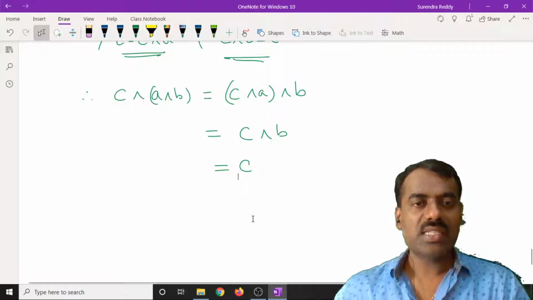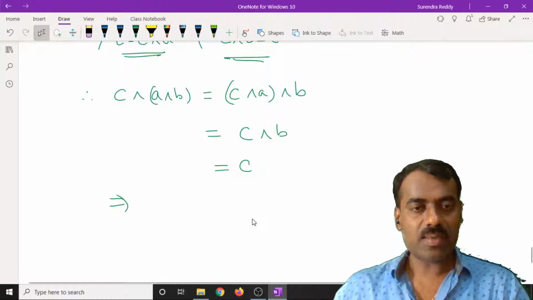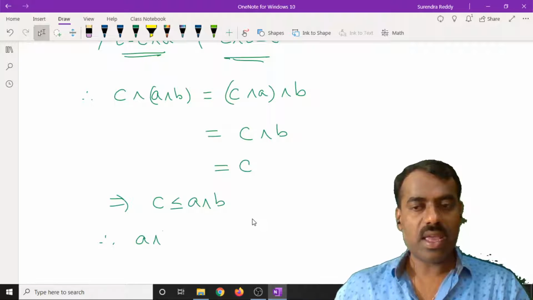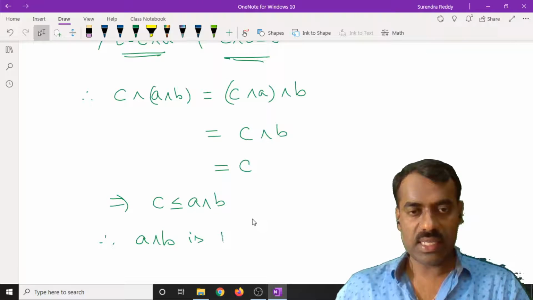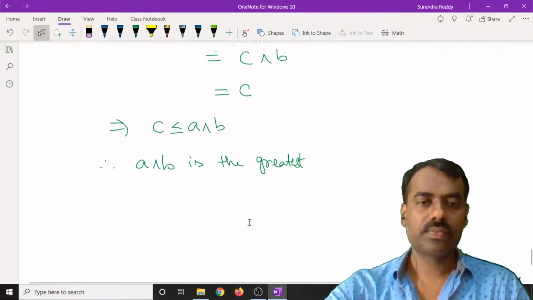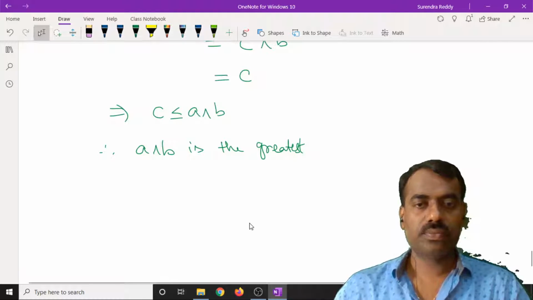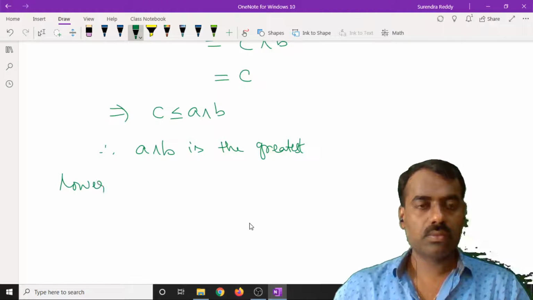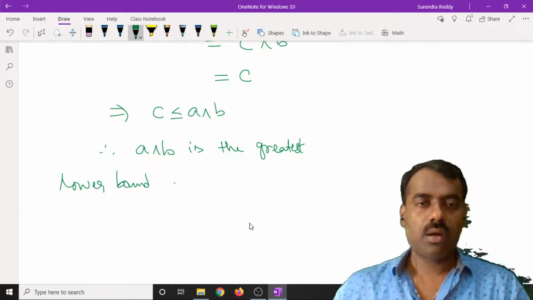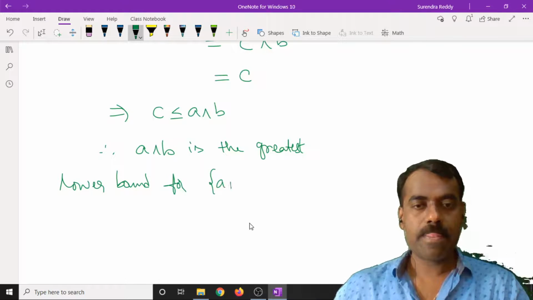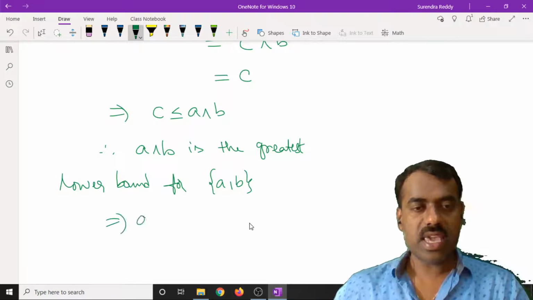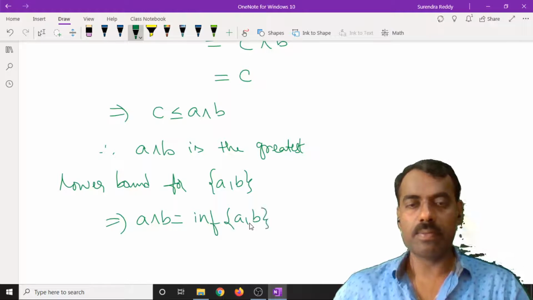So we have shown that C meet A meet B is equal to C. This implies C is less than or equal to A meet B. So therefore, A meet B is actually the greatest lower bound for this set A comma B. So that means A meet B is nothing but the infimum of A comma B, right?